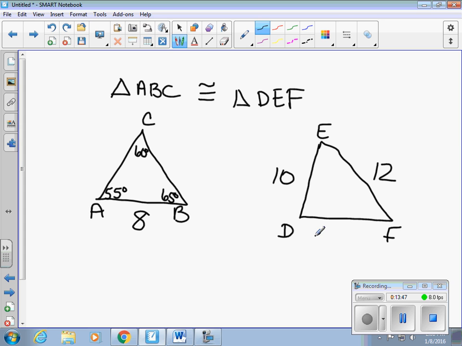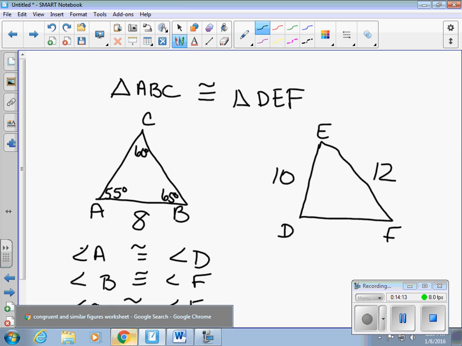They're going to start to ask you for reference. Let's do angles first. What angle corresponds with A from this triangle? D. What corresponds with B? And what corresponds with E?